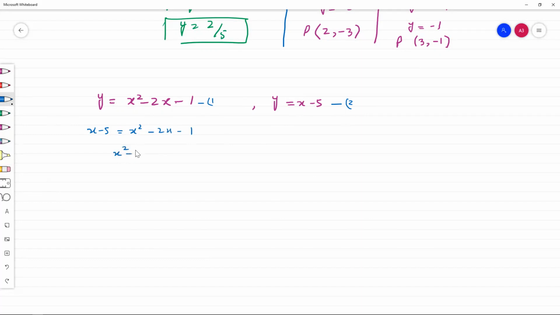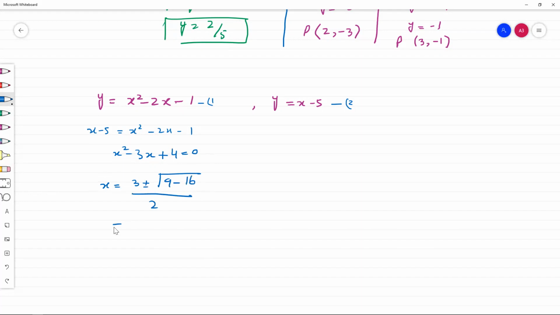So x square minus 3x, and when we shift minus 5 to this side, this becomes plus 4 is equal to 0. Now we cannot factorize this equation, so we use the formula. x is equal to 3 plus minus square root of 9 minus 4ac, 4 into 4 is 16, over 2a.